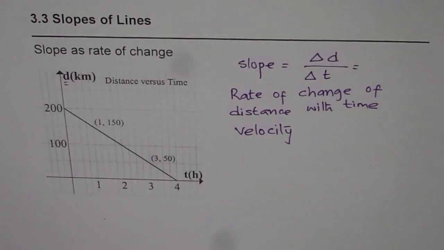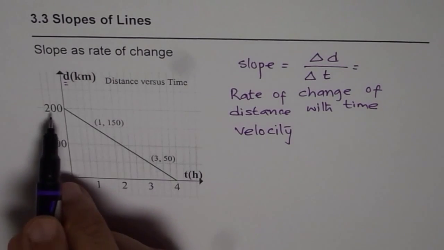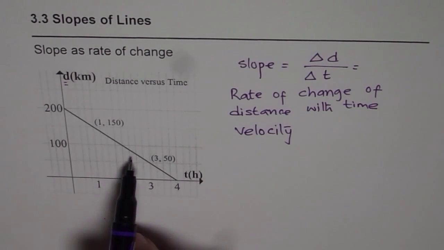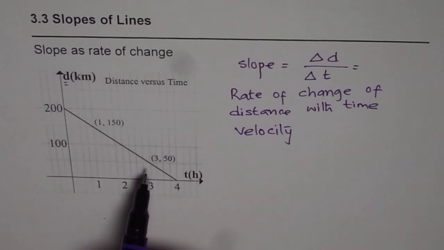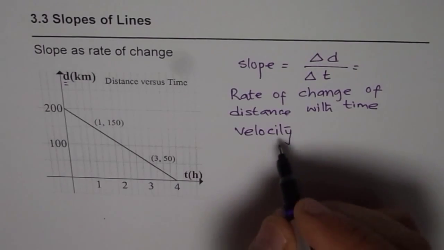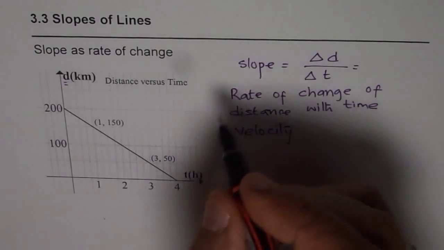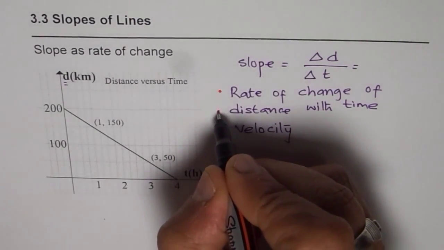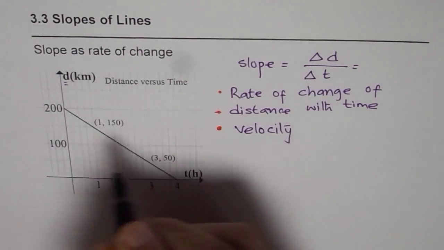And what we observe here is that it is constant, right? Since it is a straight line, rate of change is constant. That is to say, we can select any 2 points and we'll get the same value of velocity. So we'll find the slope from the graph and then figure out the velocity.